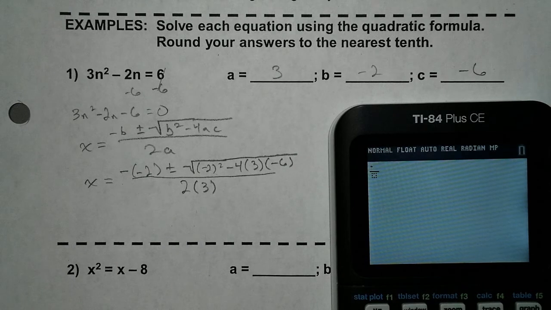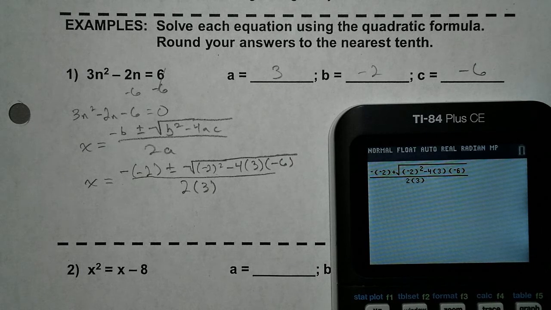So negative, parentheses, negative 2, close parentheses, plus, we'll do the plus one first, the square root of, in parentheses, negative 2, close parentheses, squared, minus 4, parentheses, 3, parentheses, negative 6. And all of that is over 2, parentheses 3.